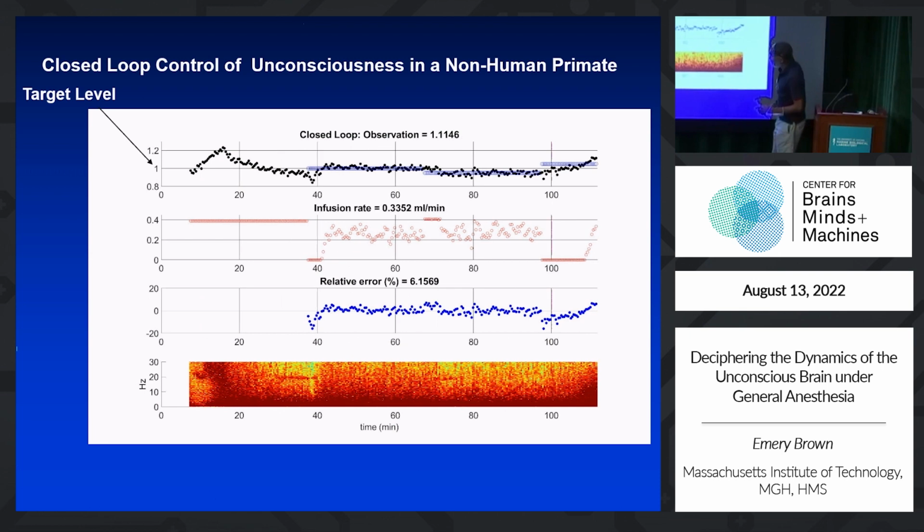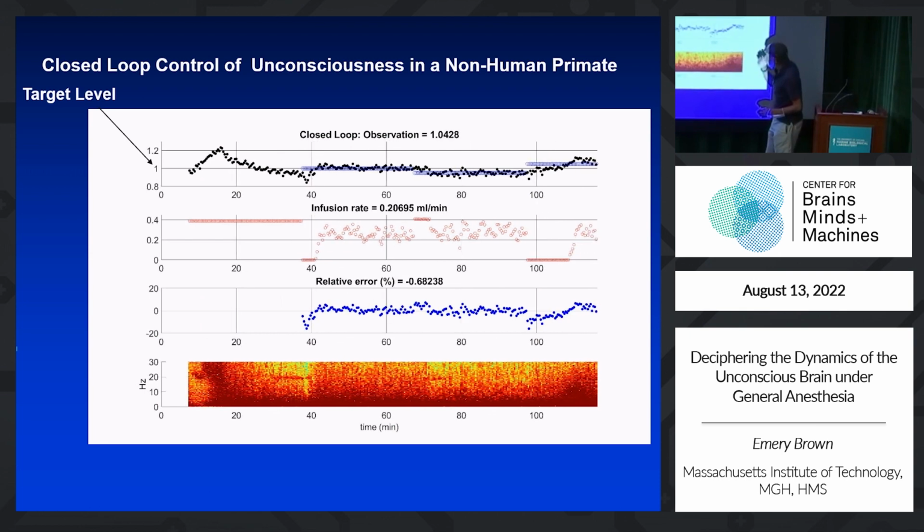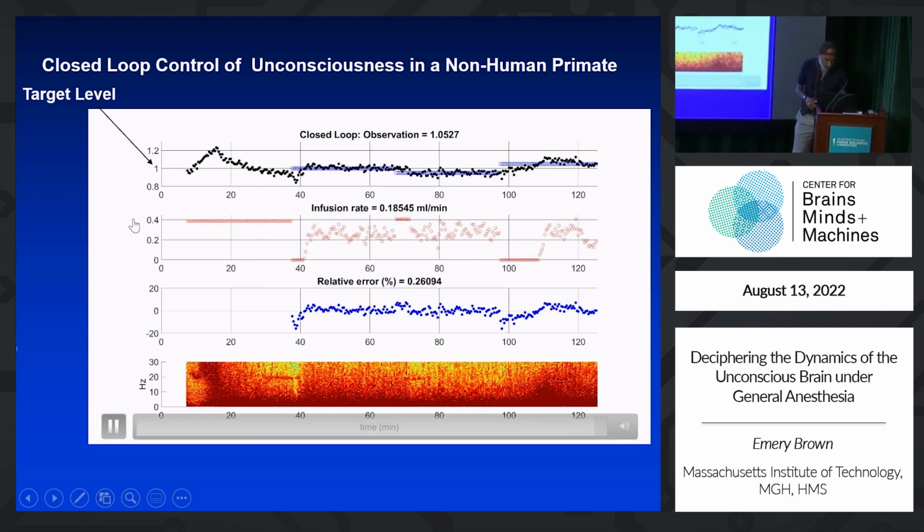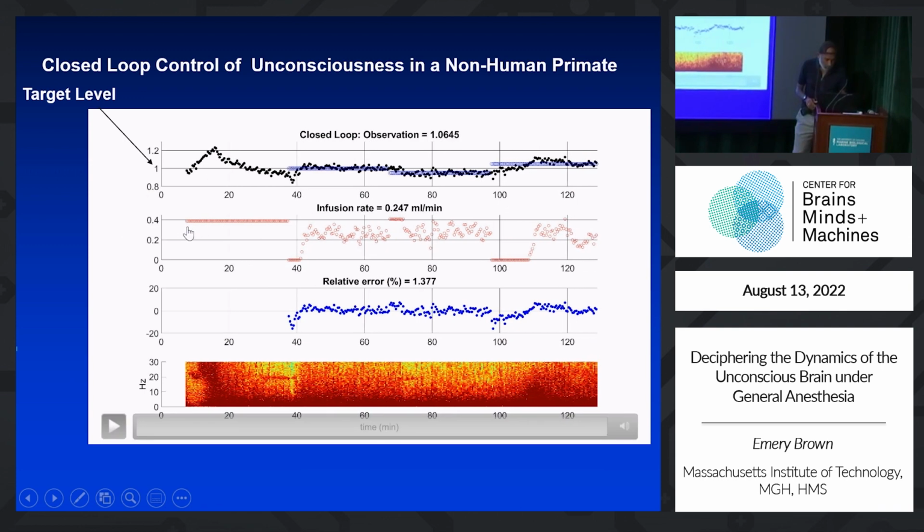But the thing I want to point out here is, look at this part right here. This is the OR. We run constant infusion rates all the time, and patients just get deeper and deeper and deeper. That's the reality. The first thing the controller did when it took over was turn the pump off for 2 to 3 minutes to let the animal get to the level where it was supposed to be.